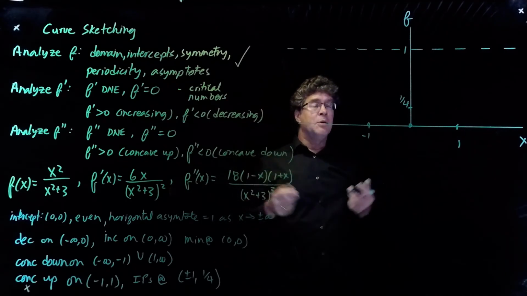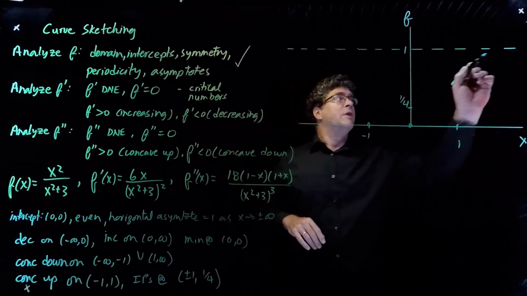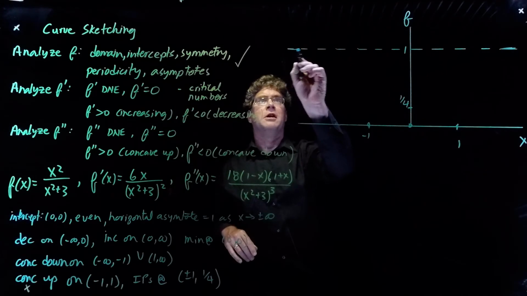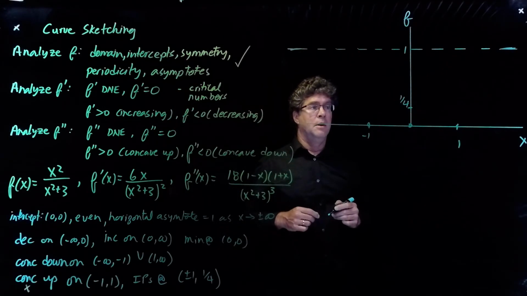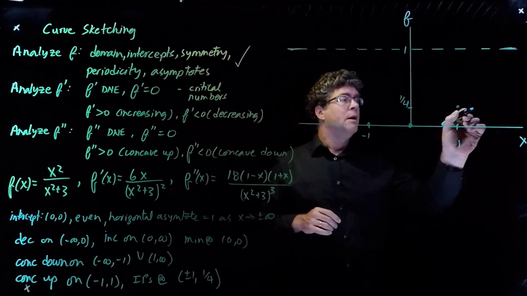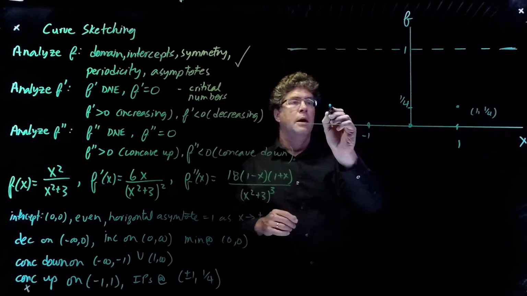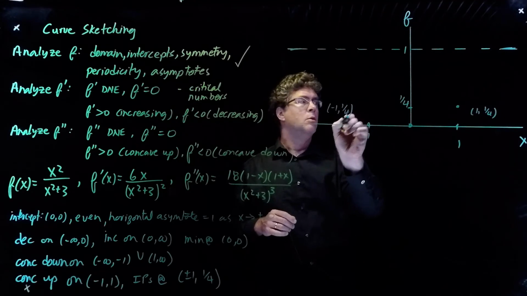It has horizontal asymptotes that have a value of 1, and so as x gets large in the positive direction or the negative direction, it's going to approach 1. There are inflection points at 1, 1/4, and at -1, 1/4.